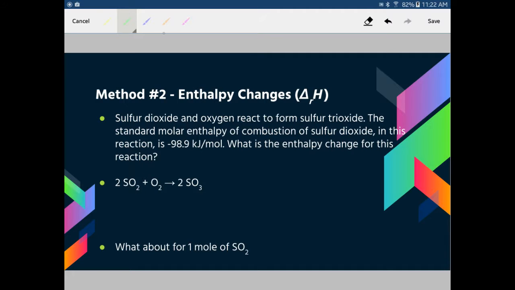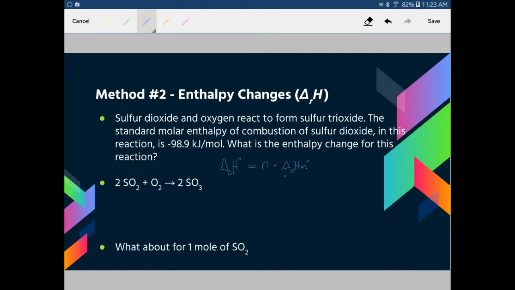If I remember my equation, my change in enthalpy of combustion for this reaction equals my moles times my molar enthalpy of combustion.